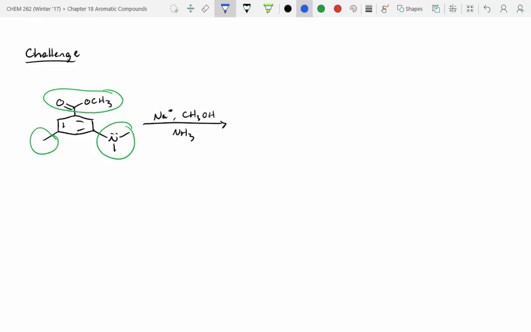Just so we're all on the same page, this methyl ester up here, is that electron donating or withdrawing? Withdrawing, right? So in this case, I'm just going to label this EWG. What about this dimethylamino group down here? Is that donating or withdrawing? Donating. That lone pair can be pushed in. So I'll label this as electron donating group, EDG.